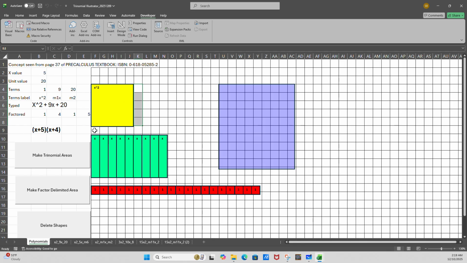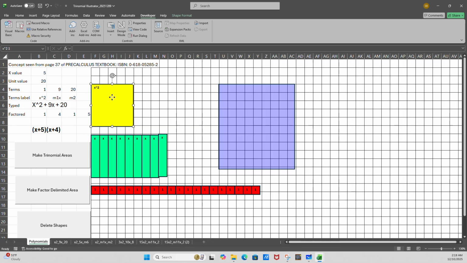And then each of these is 1 unit across, but it's got the same length as x. This is like adding 1x, right? If we have 9 of them, it's the same thing as having 9x.